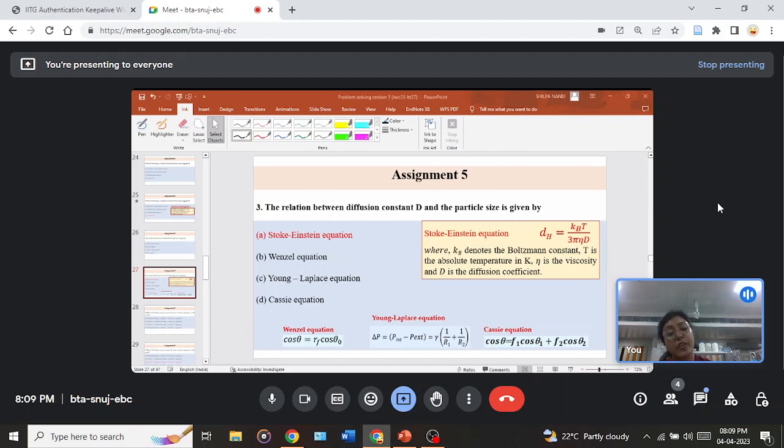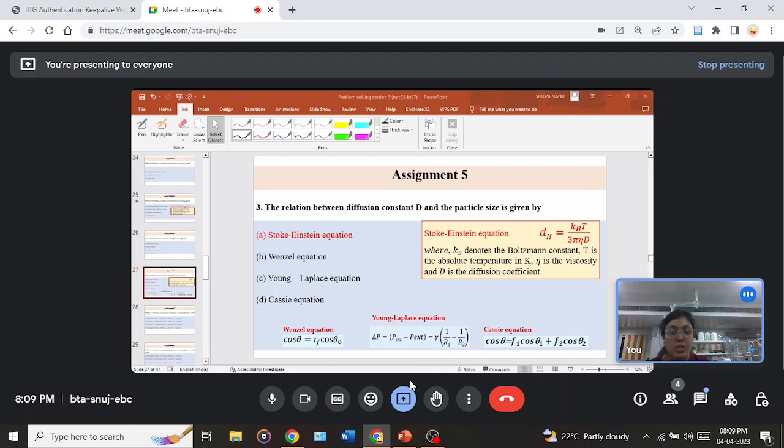So in case of the amine modified surface, it will be theta 1, and in case of the octyl modified surface, the contact angle will be theta 2. This is just an example, it can be any other modified surface as well. So basically for the Cassie equation, you have to remember that wettability in terms of chemical heterogeneity is given by the Cassie equation.